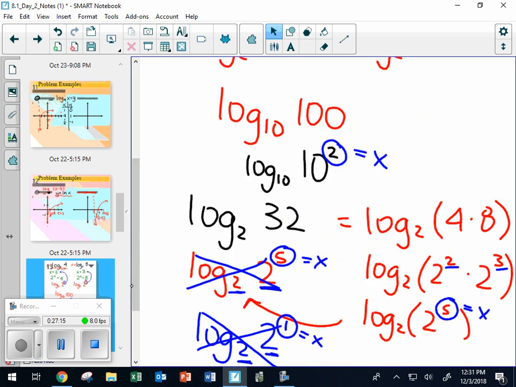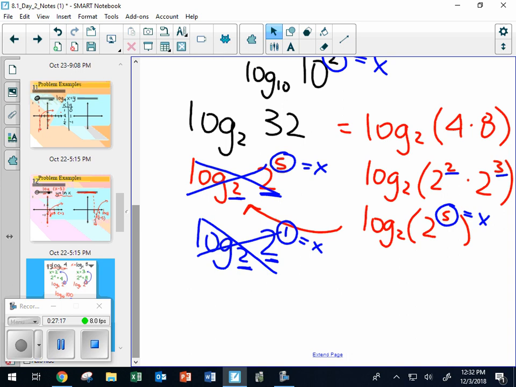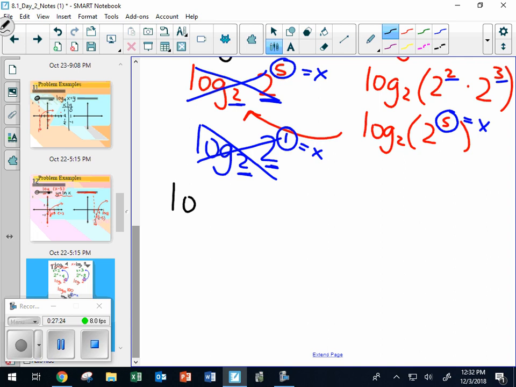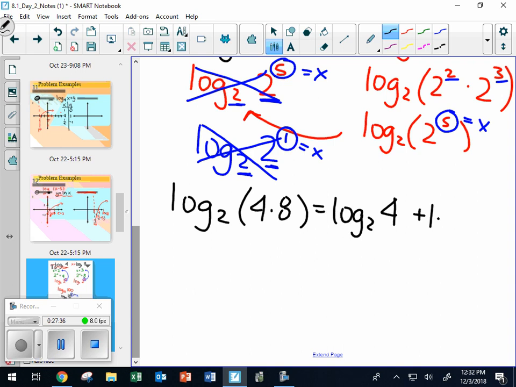Wait, wasn't that our answer down here? When we just multiplied them together? In every single instance, if I said log base 2 of 4 times 8, that gets me 5, right? That's also equal to log base 2 of 4 plus log base 2 of 8.